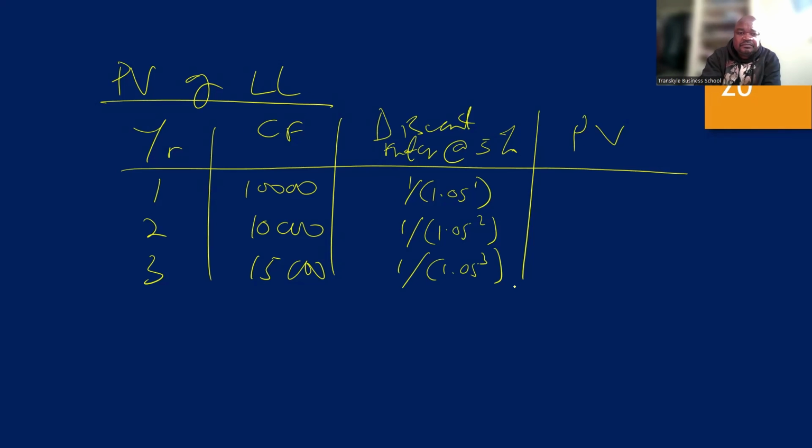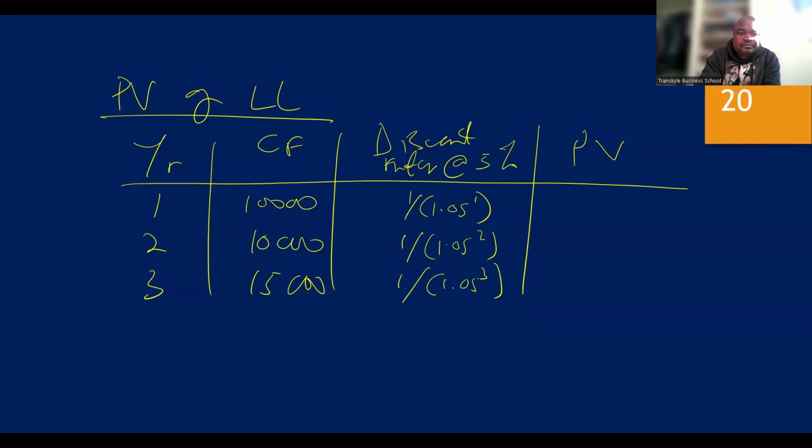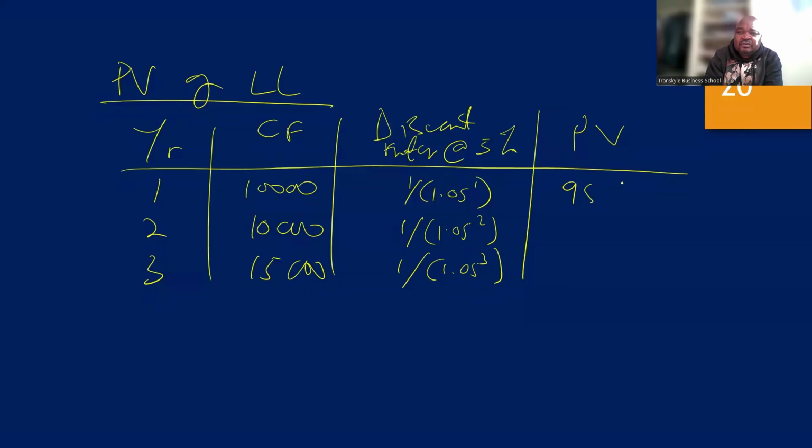With my calculator, that's 10,000 multiplied by 1 over 1.05.